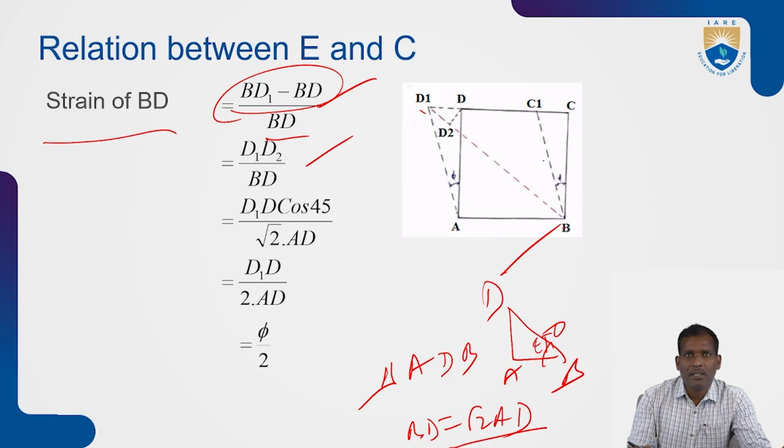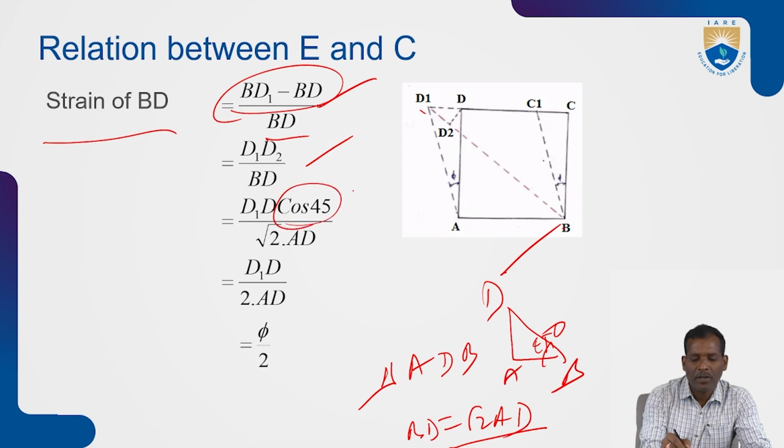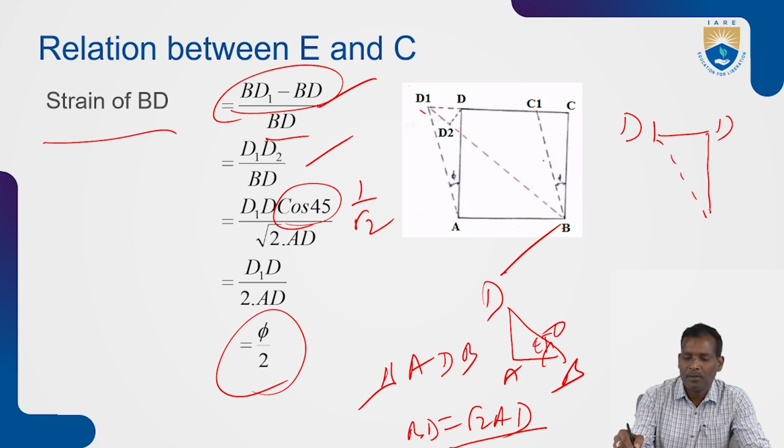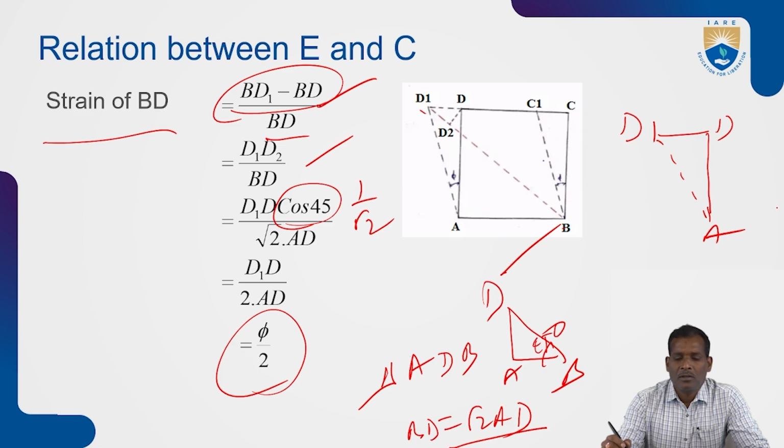So now D1D cos 45 is 1 by root 2; substitute here this value 1 by root 2. So 1 by root 2 times 1 by root 2 will give 1 by 2. So you can write D1D by AD by 2. Take this triangle D1D and this one. This one is angle phi.